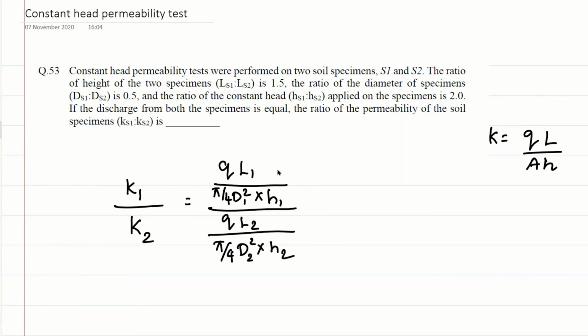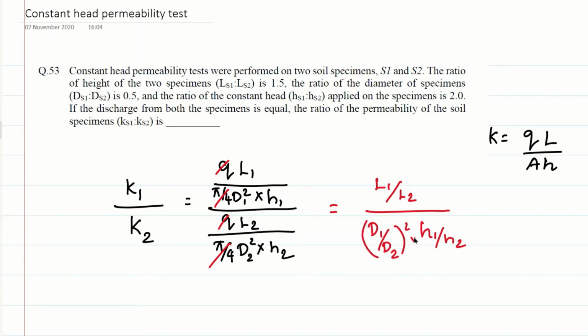So now this pi by 4 and this pi by 4 will get cancelled and Q will get cancelled. So you will have L1 divided by L2 and again in the denominator H1 divided by H2 is there. The same way D1 by D2 the whole square is there, right?